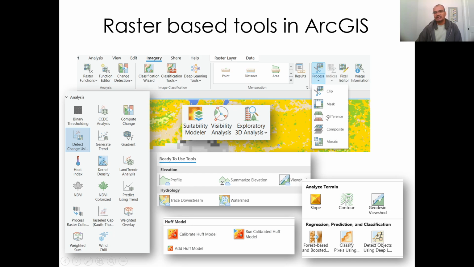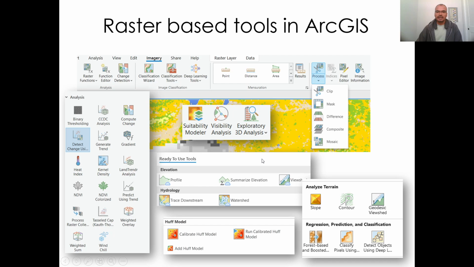You can clip your raster, you can mask your raster, you can compare your rasters, and you can use raster layers for terrain-based analysis. You can construct contours, you can extract slope, you can do viewshed analysis, you can do classification, many classifications based on images, including pixel-based classification and object-based classification.